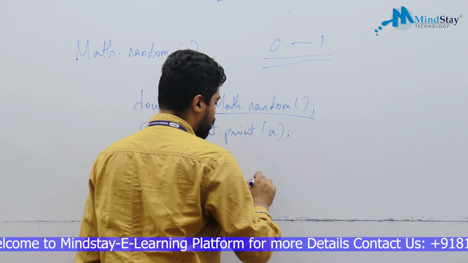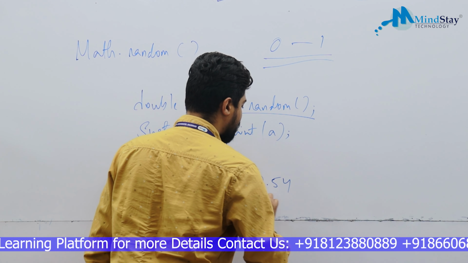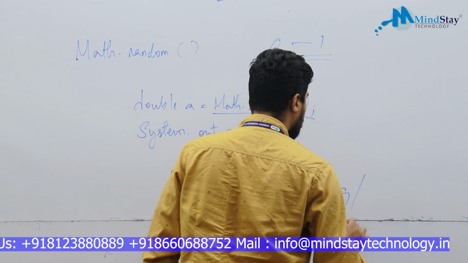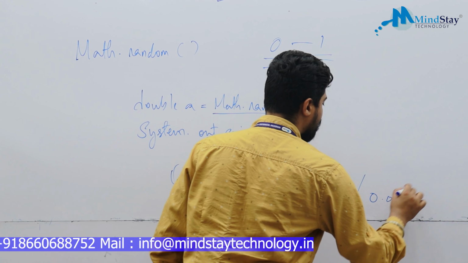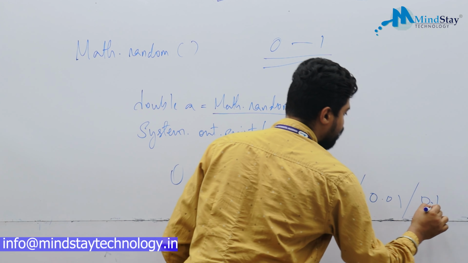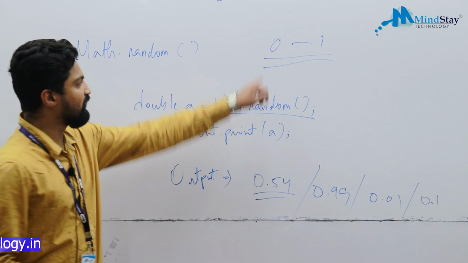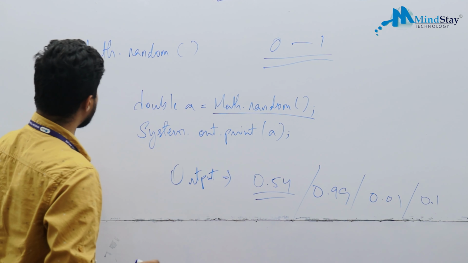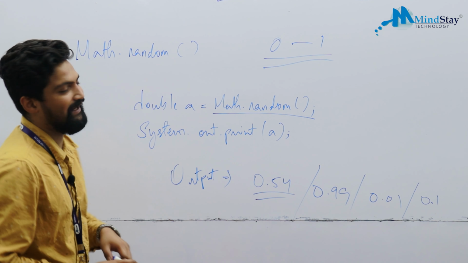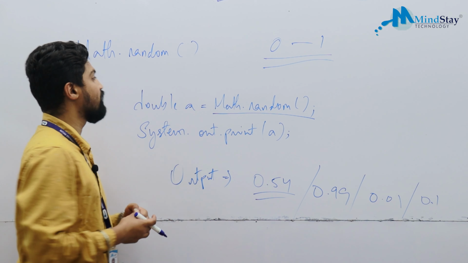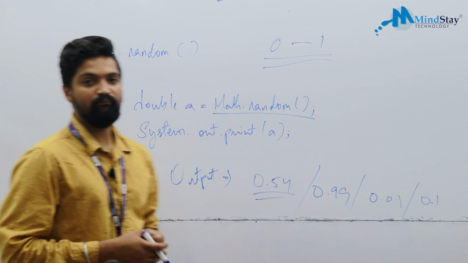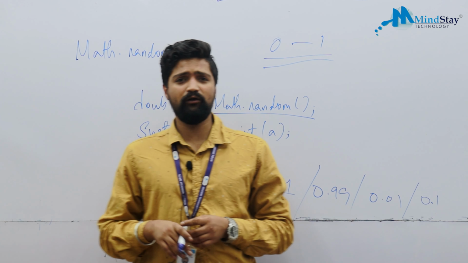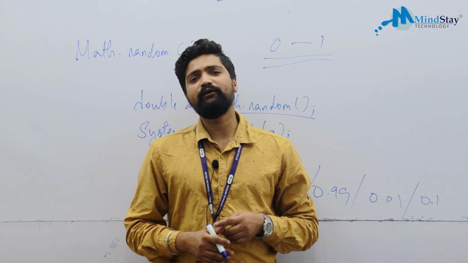Let's say 0.54, or it can be 0.99, or 0.01, or 0.1, anything between 0 and 1. So this is math.random.